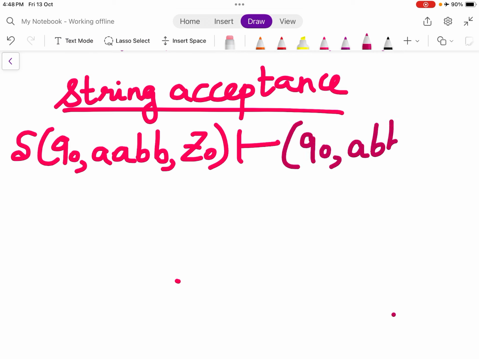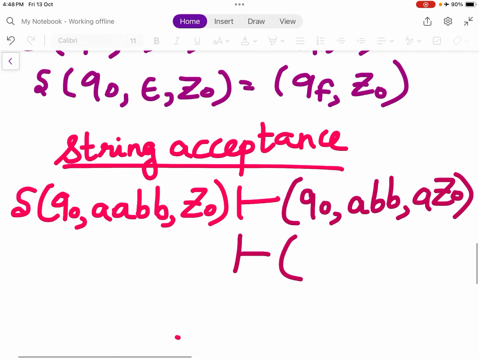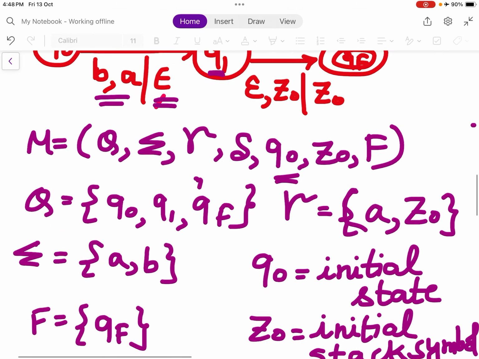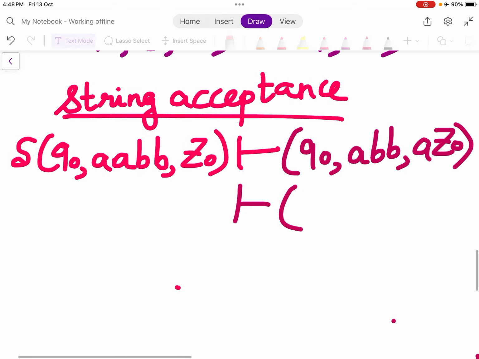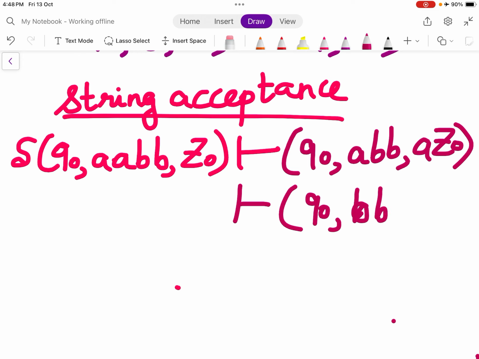Remaining string will be A B B and you get A Z0. Next again Q0 on A goes to Q0, left with B B and you get A A Z0.